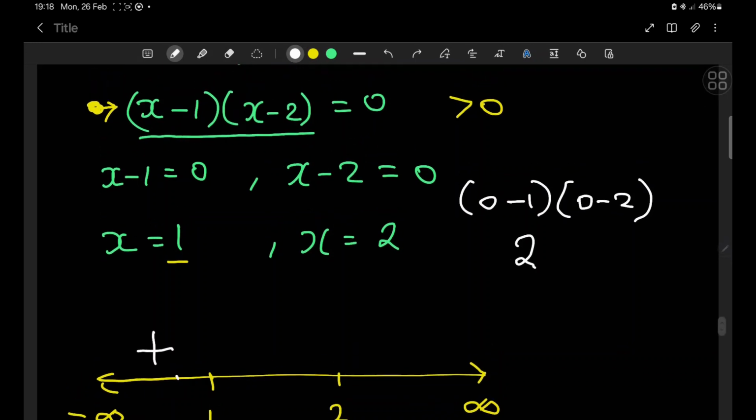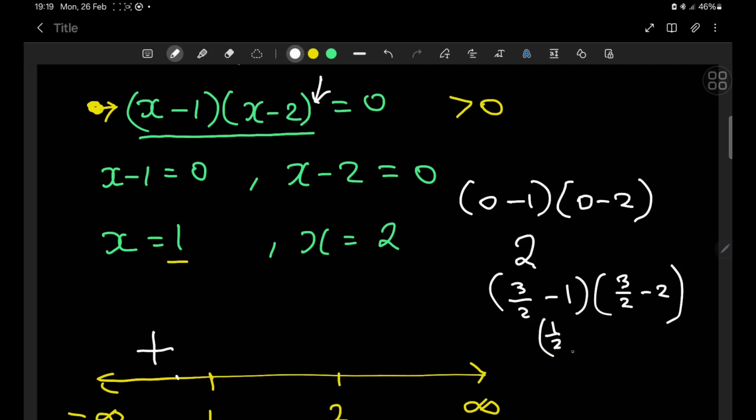We replace 3/2 and have 3/2 minus 1 and 3/2 minus 2. 3/2 minus 1 gives us half, and 3/2 minus 2 gives us negative half. When you multiply the two, half multiplied by negative half gives a negative number. So at this interval, we have a negative.